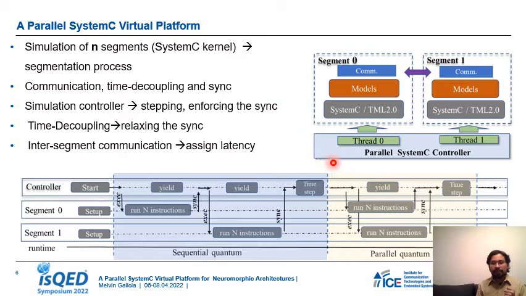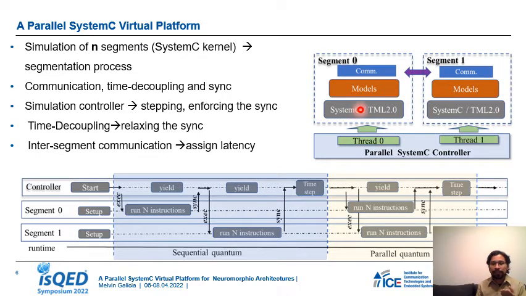The idea here is that we will have a SystemC controller that will act as the main simulation. And then we will have segments, where each segment represents a thread on your host system, meaning that those threads are just limited by the number of cores in your host system.